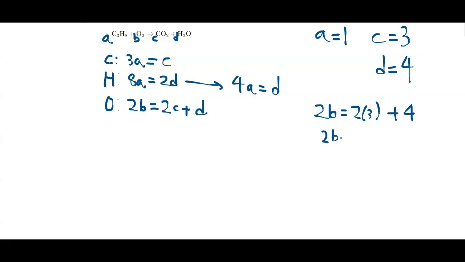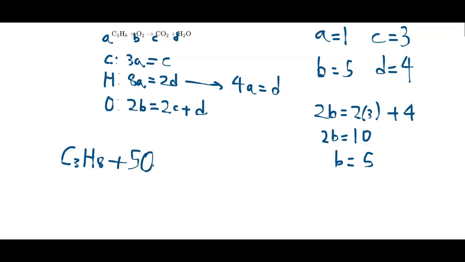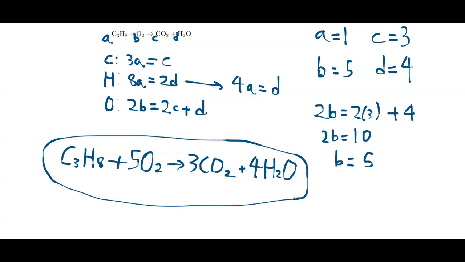So 2B is equal to 10. B is equal to 5. So I can go ahead and write down the answer here. So this is the correct answer.